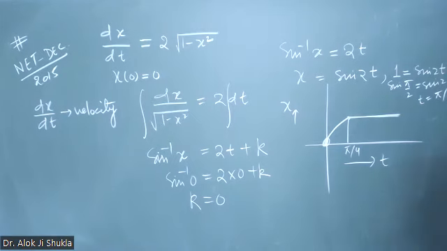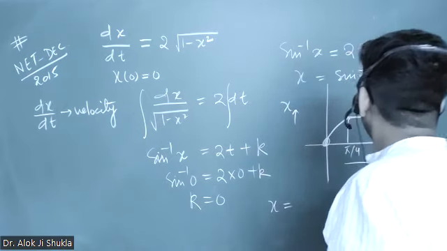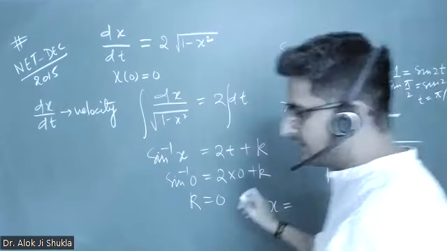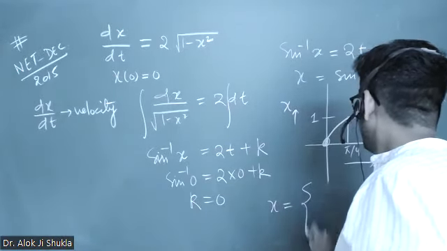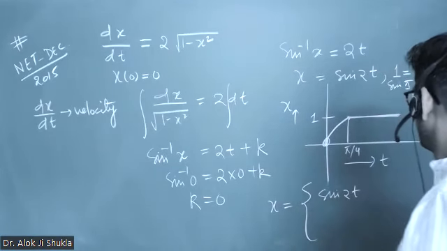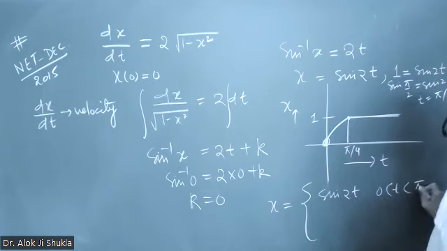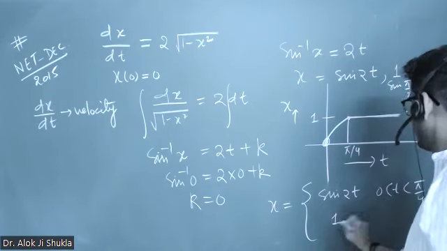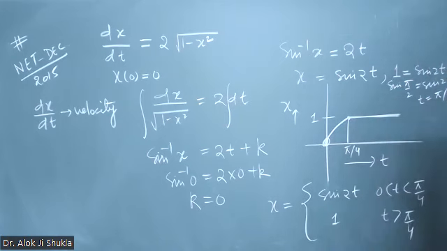So we can write the solution as x is equal to sine 2t for the value 0 to t to pi by 4, and then x is equal to 1 when t is greater than pi by 4. So this is the kind of solution you should write.